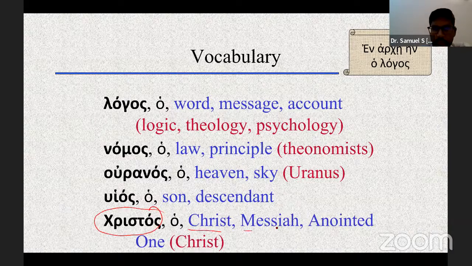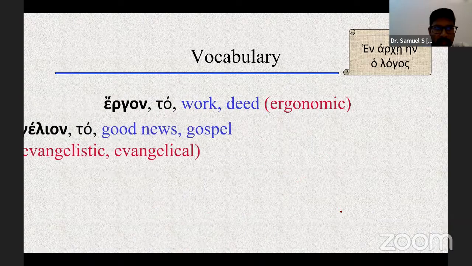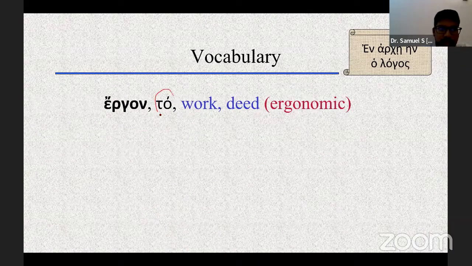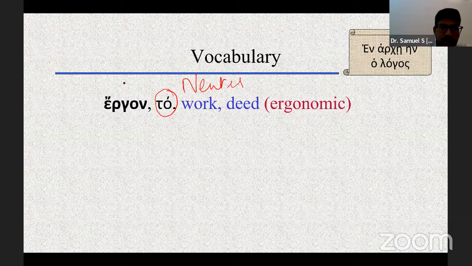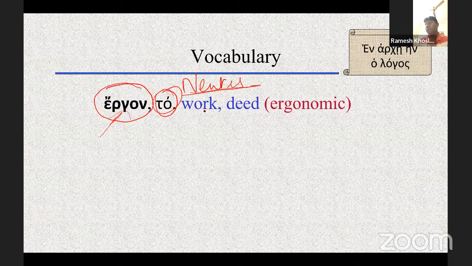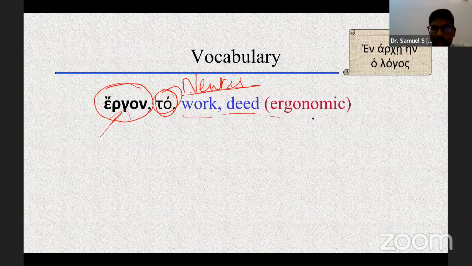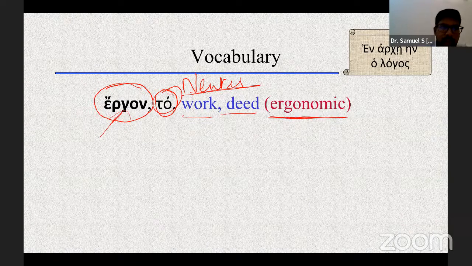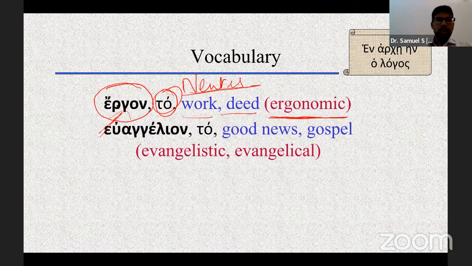Christos, Christ, Messiah, anointed one. What is this? This is telling us that it is the neuter. This is a neuter noun. For the first time, we're seeing a neuter noun. To. Ergon, work or deed. Ergonomic chair, we say, right? Ergon, work or deed. Euangelion, good news, gospel.